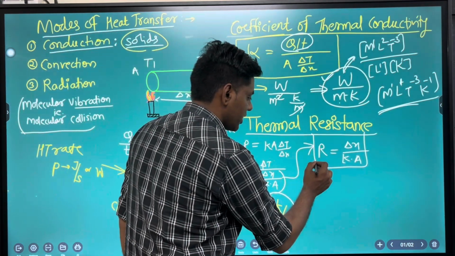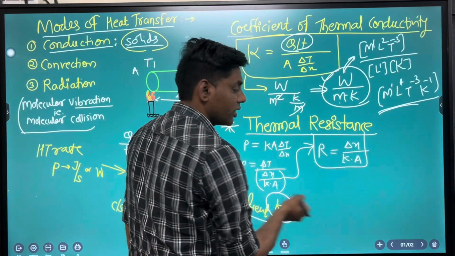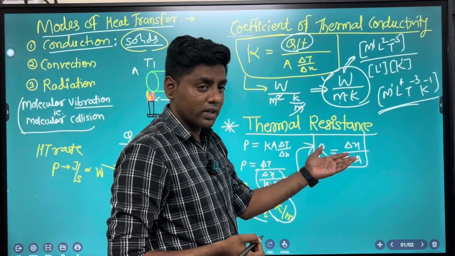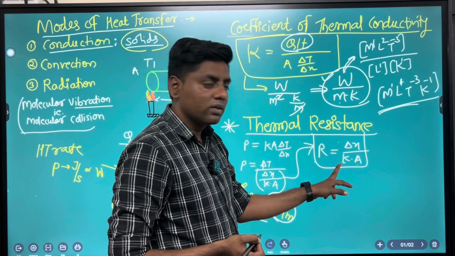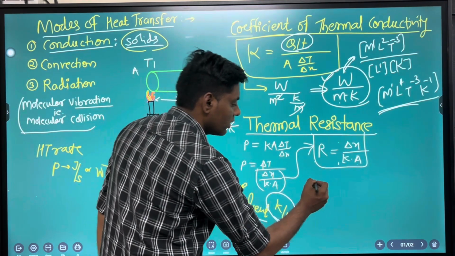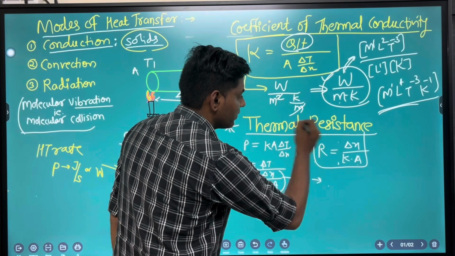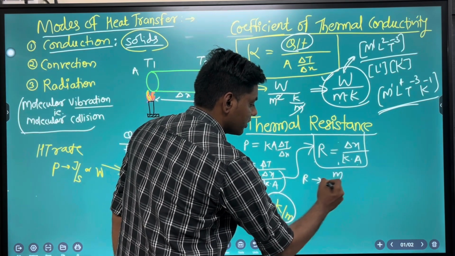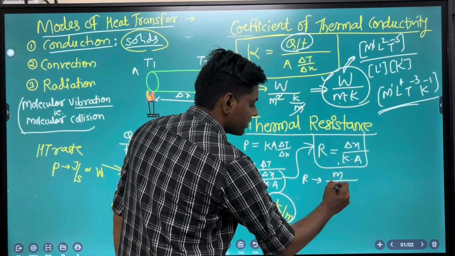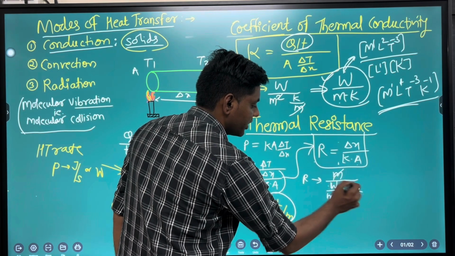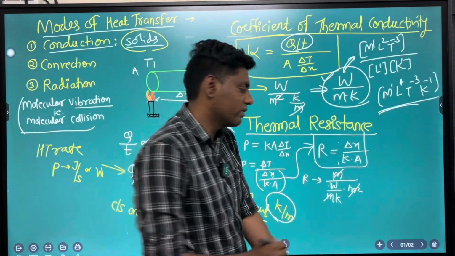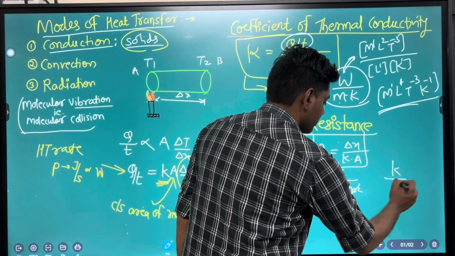Next, what is the SI unit of thermal resistance? Very simple to calculate. We already know the SI units of thickness, cross sectional area and thermal conductivity. So the SI unit of thermal resistance is meter divided by watts per meter Kelvin into meter square. So meter square gets cancelled and we get the final answer, that is Kelvin per watts.